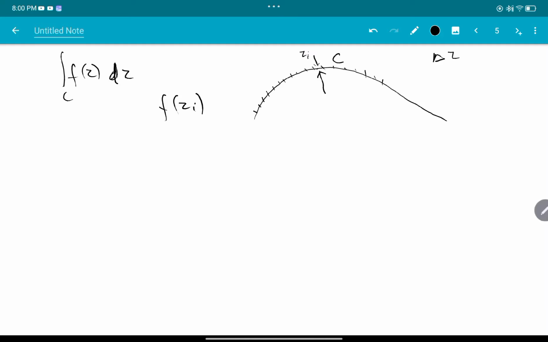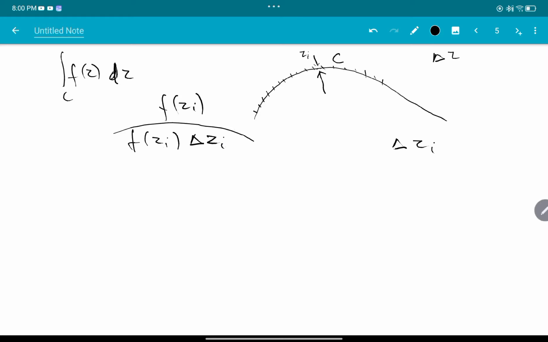Then we multiply this function value at z_i by the length of the line segment there, f(z_i) times delta z_i. Usually we take delta z_i the same for all the elements. This is called a little line integral, from this point to this point of f(z). Why is it called a line integral? Because you are multiplying by the length of the line along which you are calculating.